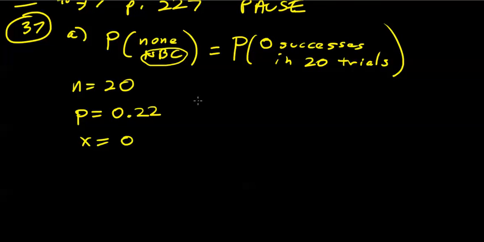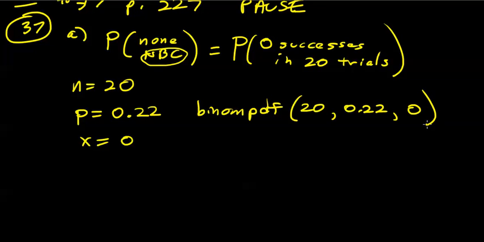Right? So I can grind this out very easily now with the power of my beautiful calculator. Binom PDF. You've got 20 trials. The probability of success in any one trial is 0.22, and you're looking for 0 successes. Alright, if I grind this out on my calculator, let me get my calculator out. And again, I'll make sure I'm doing it right here. Second DISTR, 0, to get the command on my home screen. 20, comma, 0.22, comma, 0.